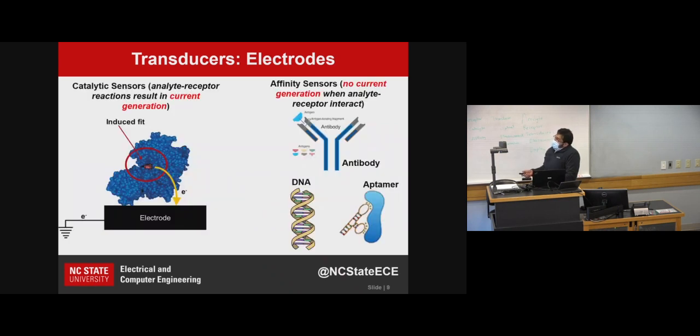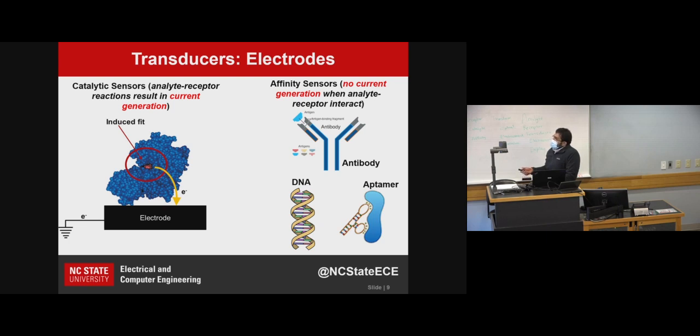Now, the one key difference is, last time when we were discussing catalytic sensors, when the analyte and the receptor interact, they produce some current signal. Like the enzyme and the substrate react, produce electrons, and you measure the electrons and then quantify the amount of the substrate or analyte present.